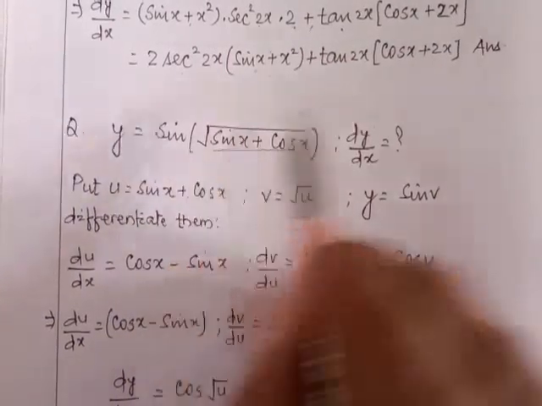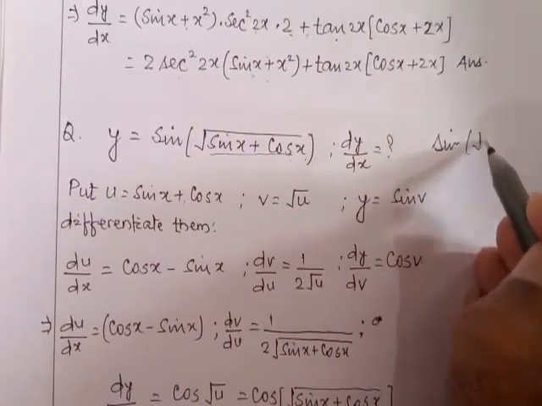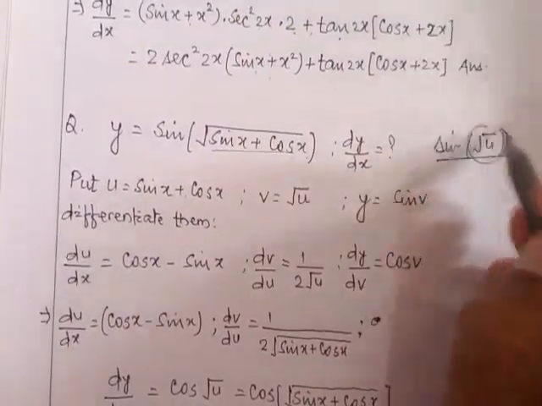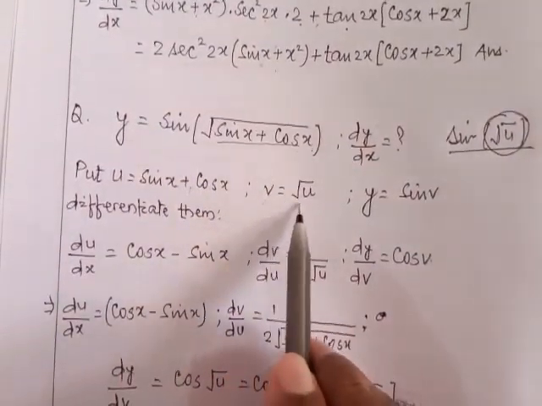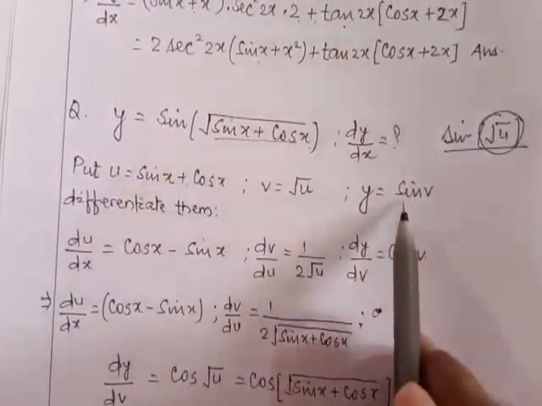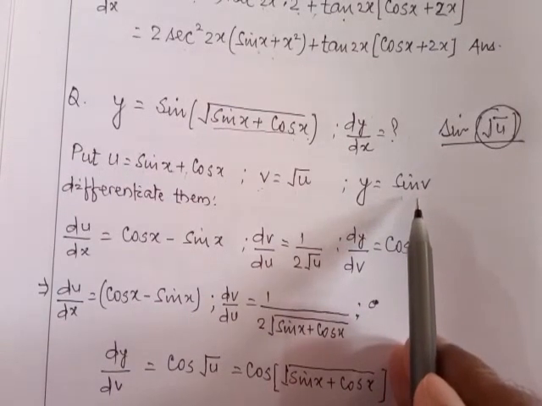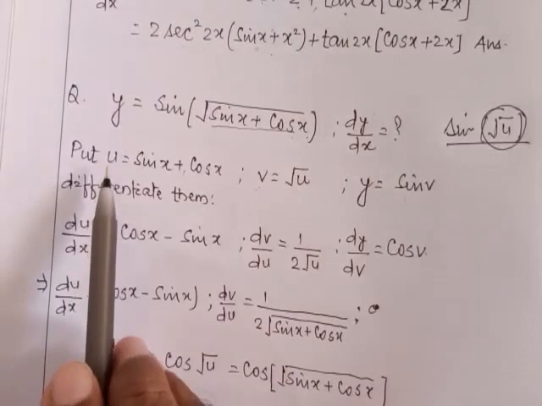Then this becomes sine of under root u. So again consider this under root u as v. v is equal to under root u. Then y is equal to sine v. This is our substitution.